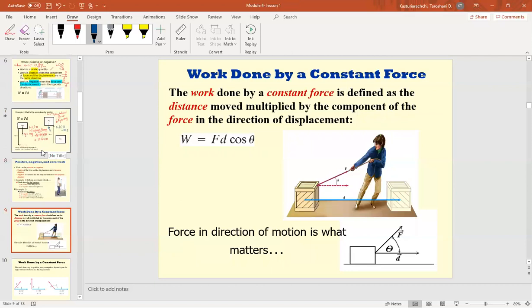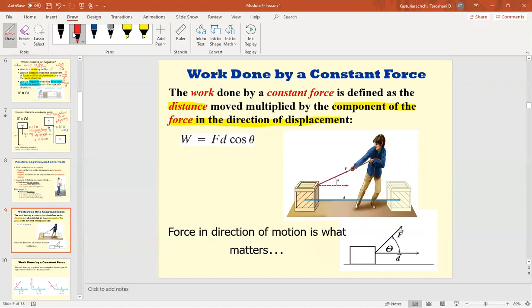But here the work done by a constant force is defined as the distance moved multiplied by the component of the force. This is important: force in the direction of displacement. So let's look at the diagram.